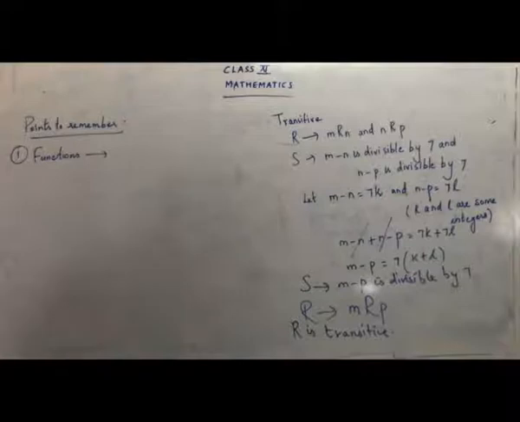When you say a particular relation is a function, it must satisfy both conditions. What is the first condition? For all a belonging to A, there is an element b belonging to B such that (a, b) belongs to f. And the second point: if (a, b) belongs to f and (a, c) belongs to f, then b is equal to c.